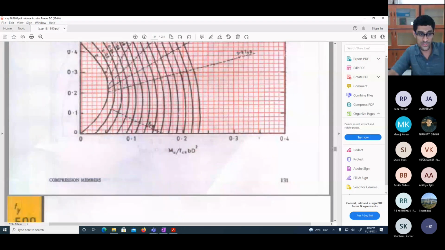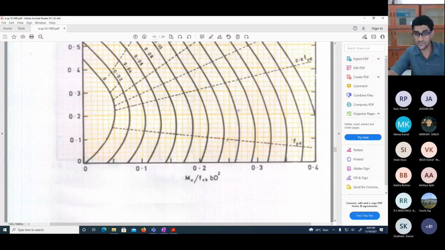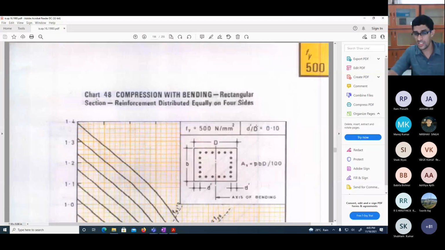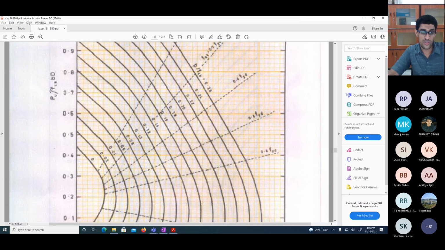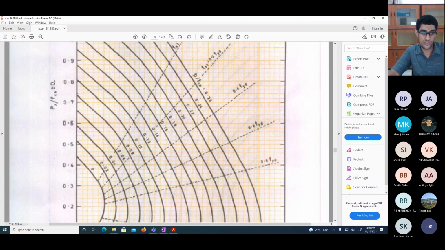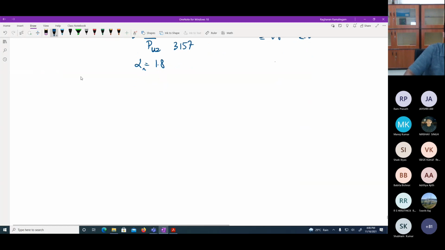So I'll now use the table for four sides reinforcement, and I have to go to Fe 500 and use this table. D dash by D for us is 0.83 or something, so I'll use D dash by D as 0.1, Fe 500. Now among this I can find PU by fck bD.